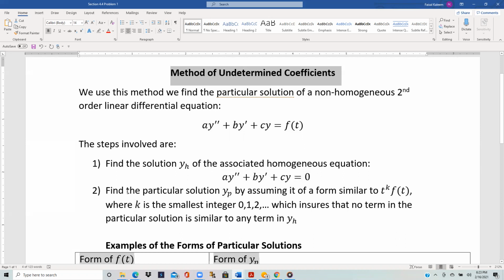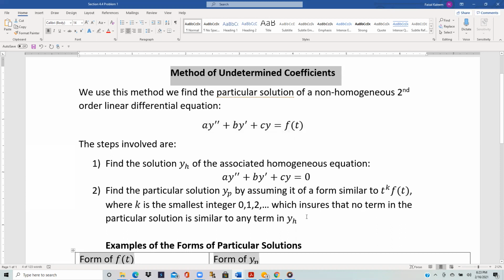And then we find the particular solution by assuming it of the form similar to t power k f of t. So the particular solution is usually of the same form as this function f of t, and I'll discuss below what the same form means.